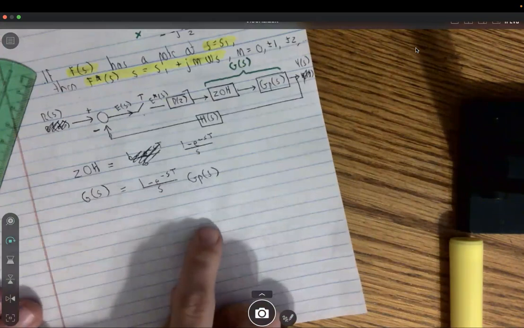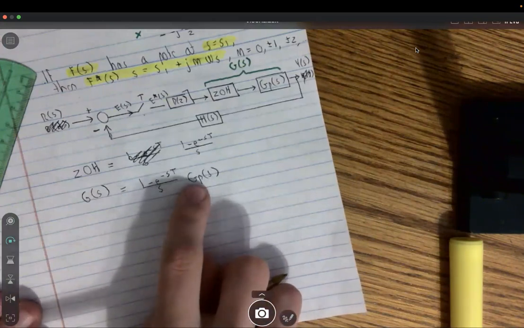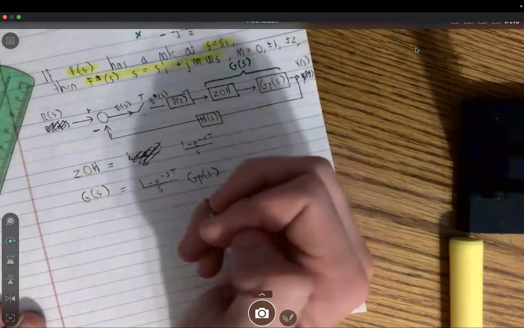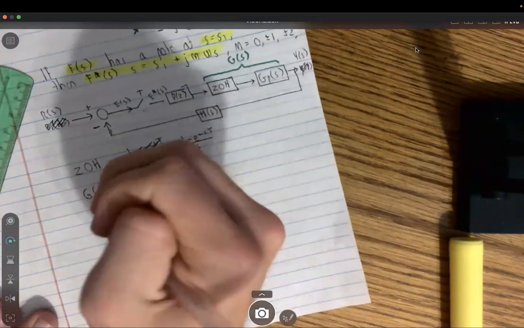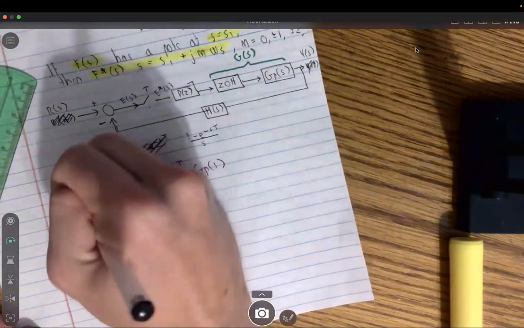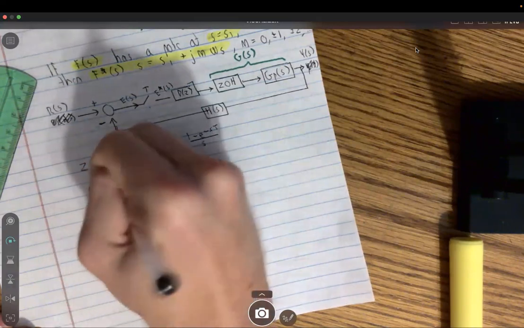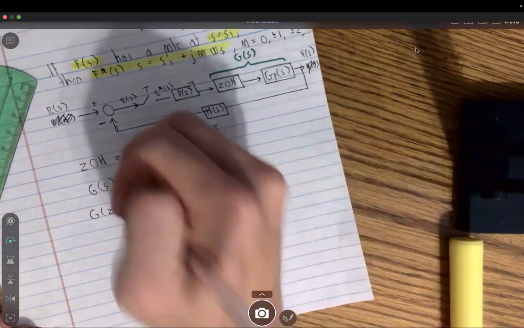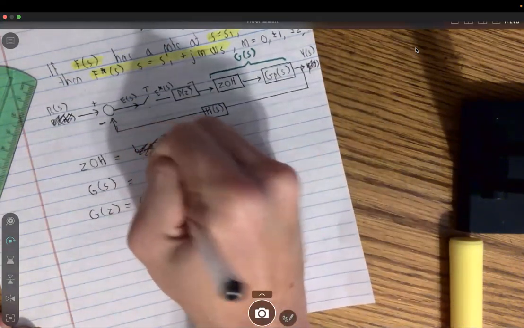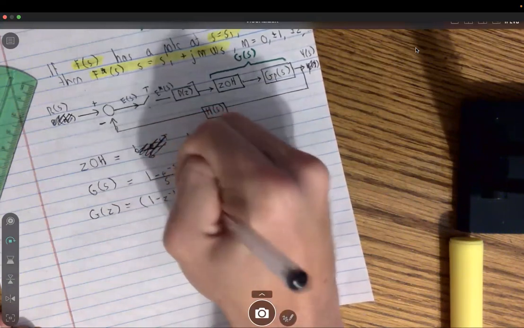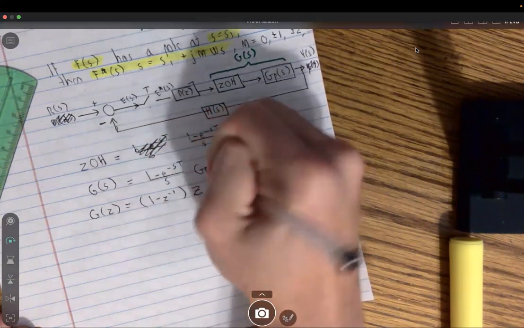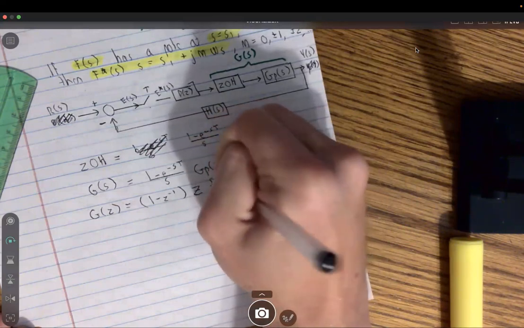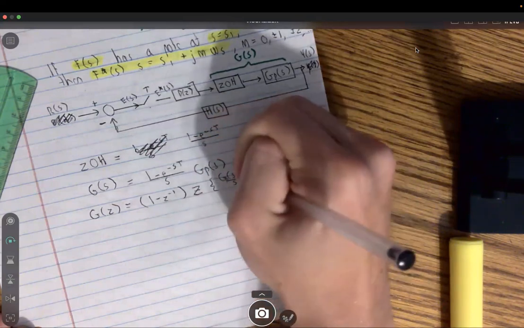And so what we do with this is we take the z transform, and when we find our G of z, it's equal to 1 minus z to negative 1, and then the z transform of Gp of s all over s. Sorry, Gp of s all over s.